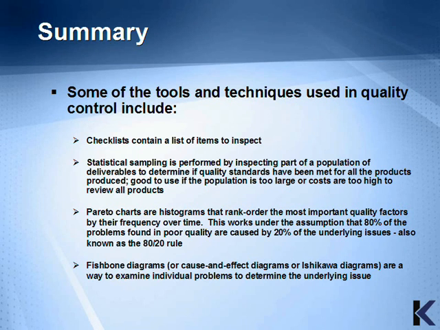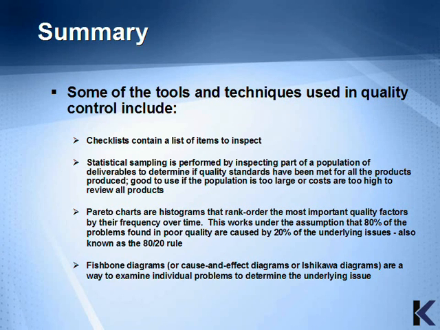Pareto charts are histograms that rank order the most important quality factors by their frequency over time. This works under the assumption that 80% of the problems found in poor quality are caused by 20% of the underlying issues. This is also known as the 80-20 rule.